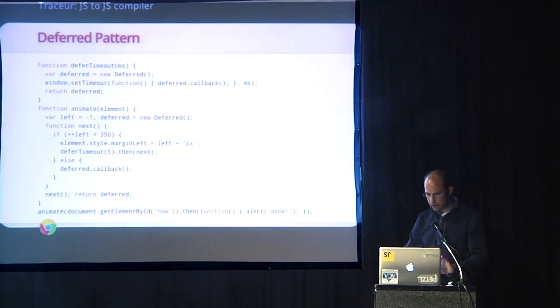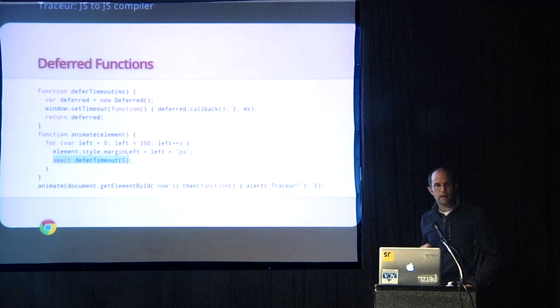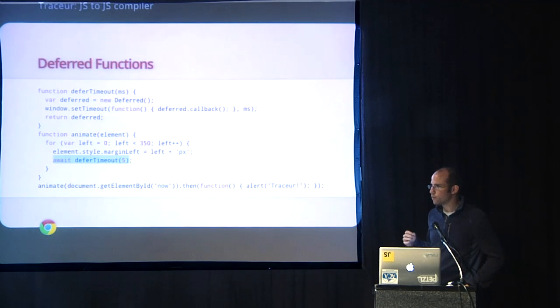But instead of having to turn this into continuation passing style with a callback, we can just write it like a regular for loop. The hope is that with this kind of language feature, we'll take away a lot of the difficulty of coming to the callback style world out of Node.